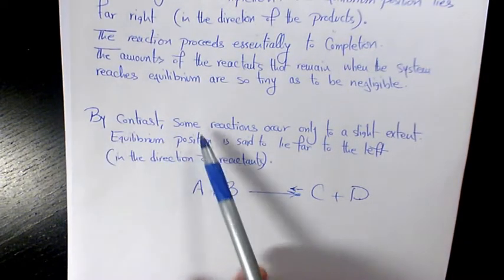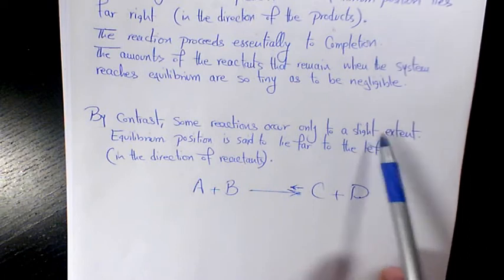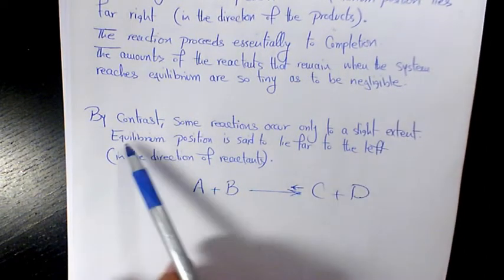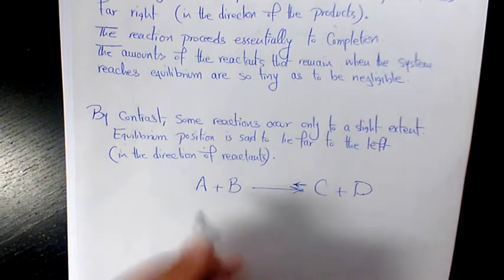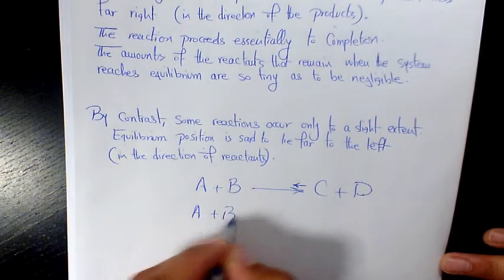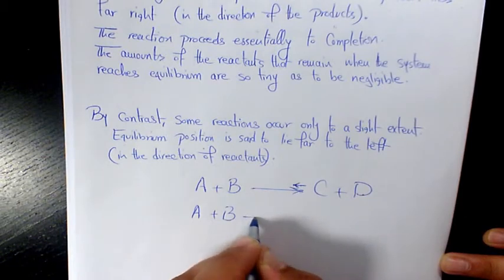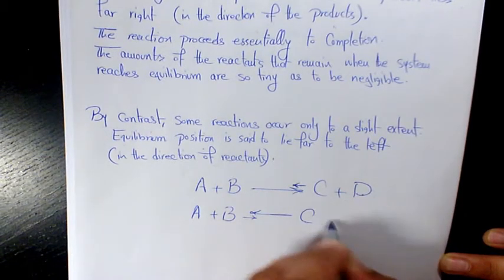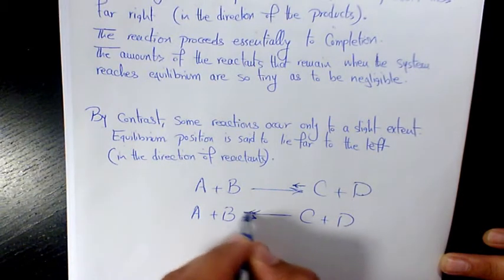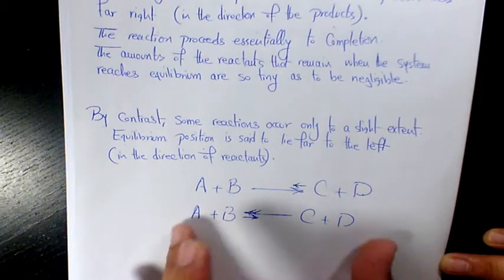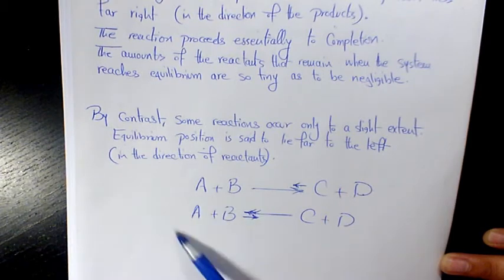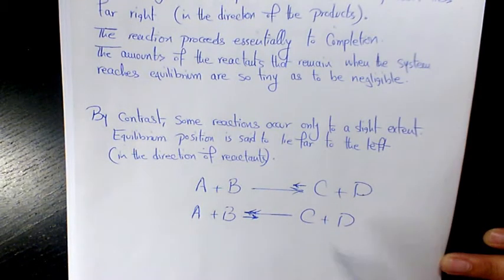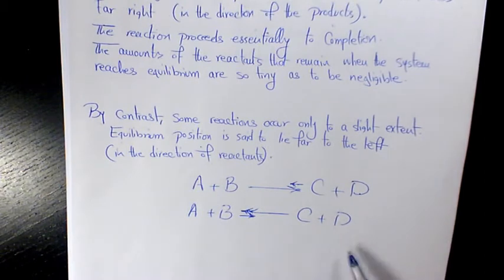By contrast, there are some reactions that occur only to a slight extent, so the equilibrium position is said to lie far to the left. It means that when we have A plus B, we get just a little bit of products, and the backward reaction is bigger than the forward reaction. So as soon as we reach equilibrium, we still have lots of A and B in the reaction vessel, and we have just some concentration of products.